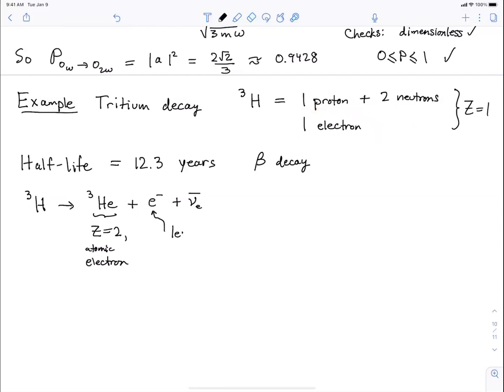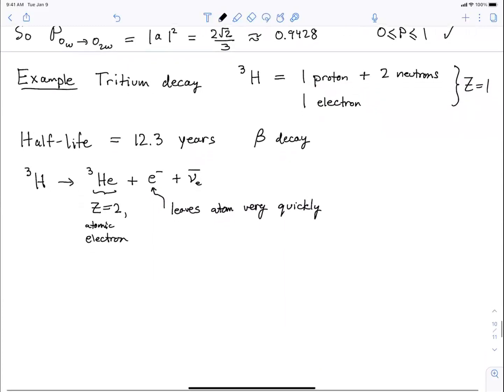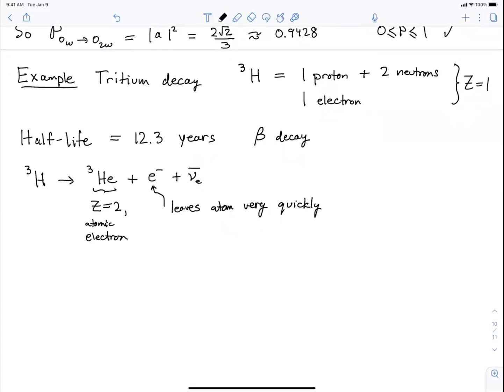But the point is this electron is going to leave the atom extremely quickly. So that's very important. So let's check why that's true. And the neutrino doesn't count because it has no charge. It doesn't interact with anything. It just leaves without doing any damage. So why does this thing leave the atom very quickly?